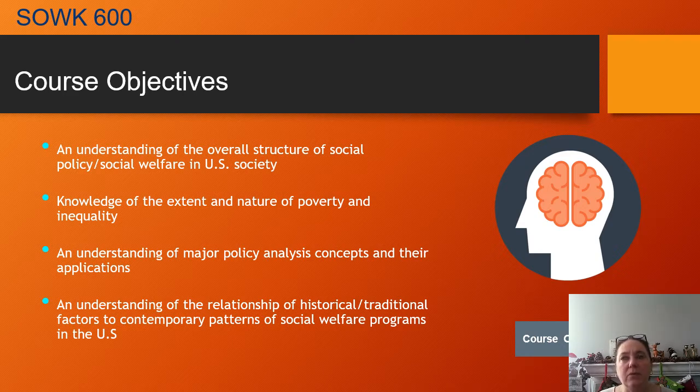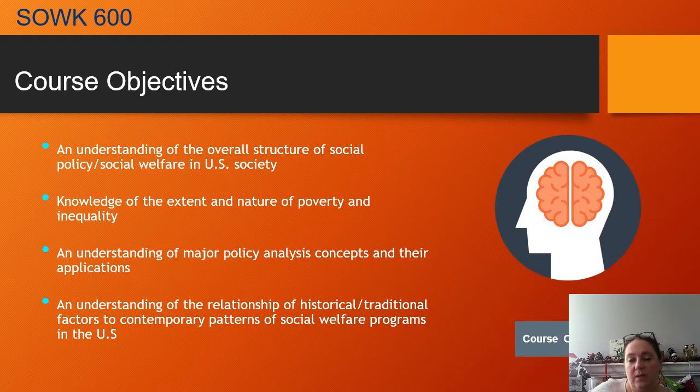So these are the course objectives, and you can also find these in your syllabus. Basically, throughout the course, we want to develop an understanding of the overall structure of social policy, and particularly social welfare policy in the U.S. We'll relate this to poverty and inequality, as well as racism and discrimination. We'll get an understanding of the major policy analysis concepts and how to apply them.